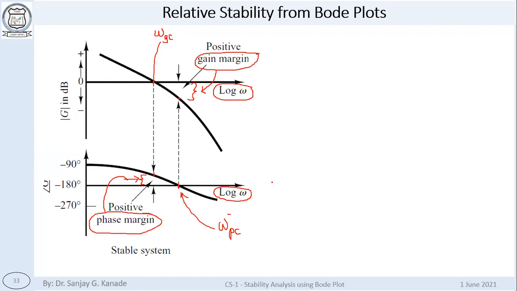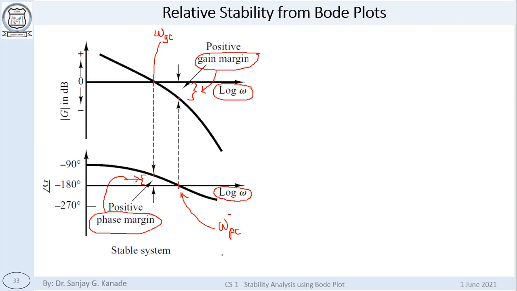Let me repeat again. You take a vertical line from omega GC, from the gain crossover frequency, and find out what is the phase angle at that point. The difference between minus 180 and that particular phase angle is your phase margin.